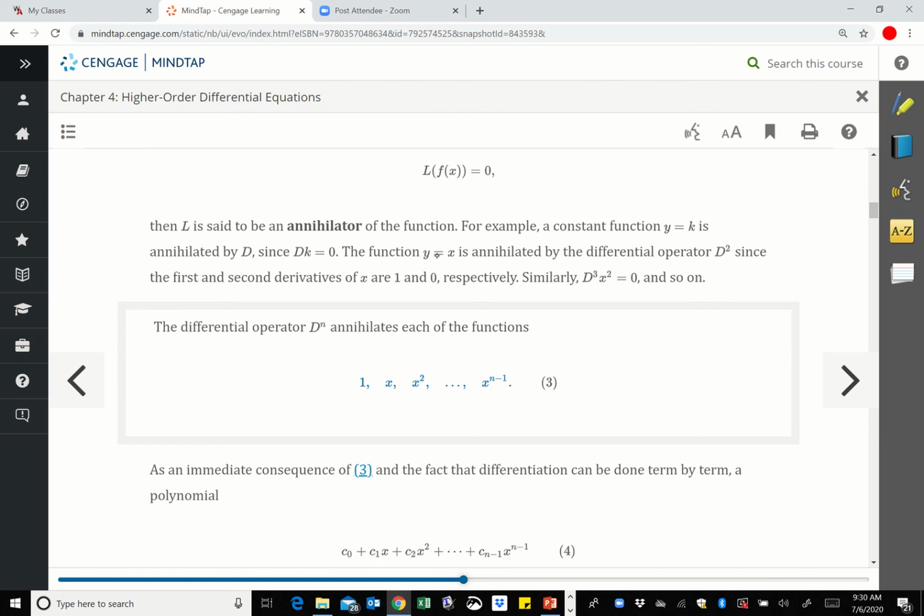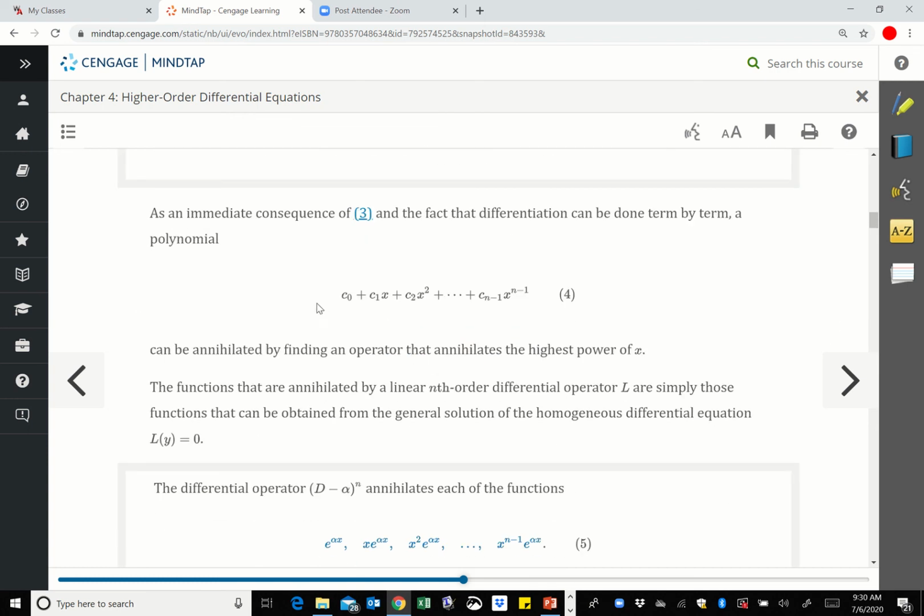So D to the n, this differential operator, would annihilate any lower power of x. So it annihilates the constant term 1, it annihilates x squared, and it would annihilate all the way up to x to the n minus 1. It also, because of the linearity of the differential operator D, D to the n would also annihilate this entire polynomial.